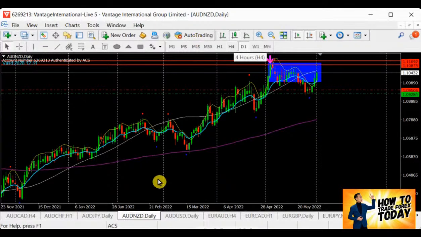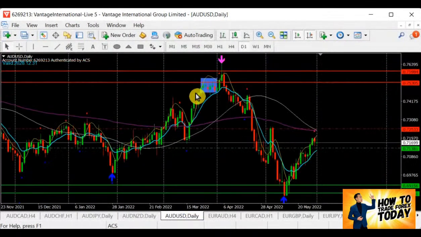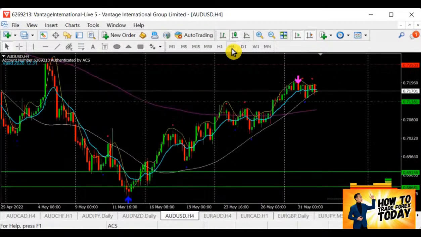Now Aussie dollar. Let's take a look at Aussie dollar. We are now moving towards the bull, correct?